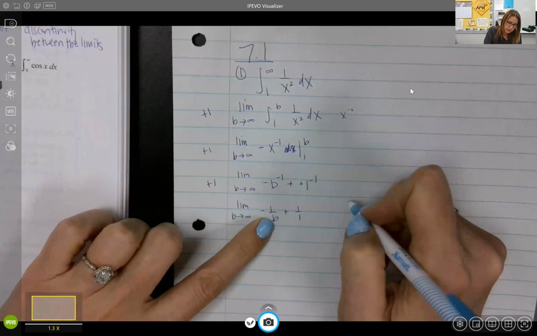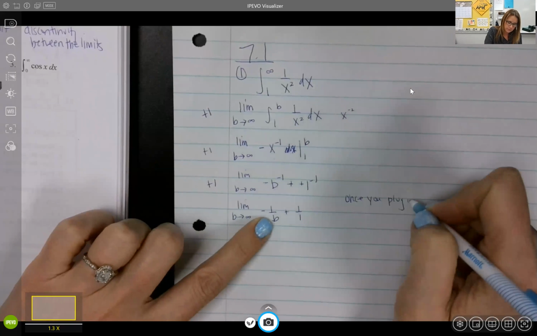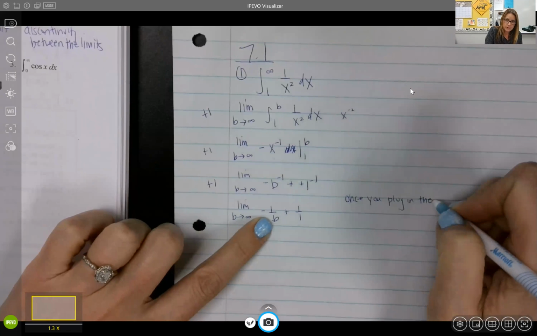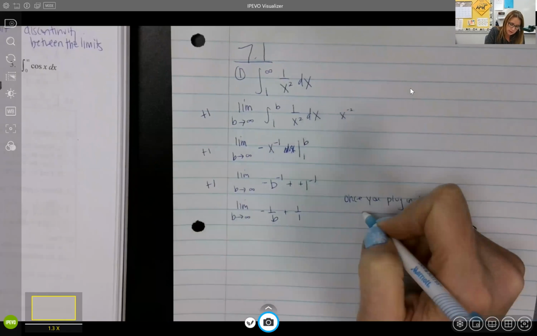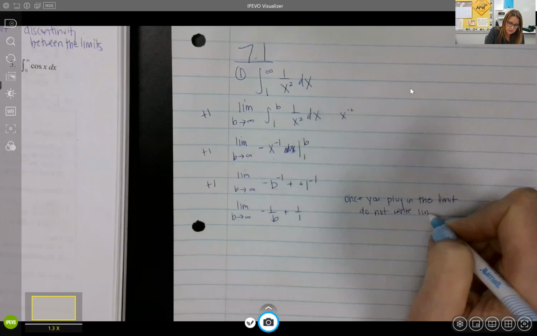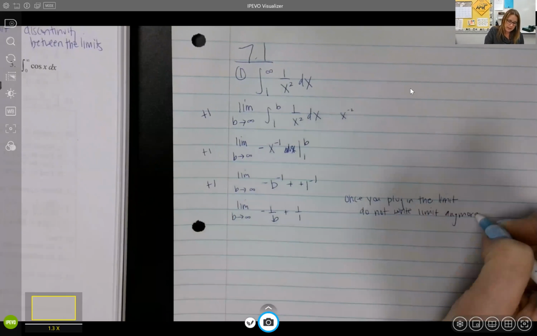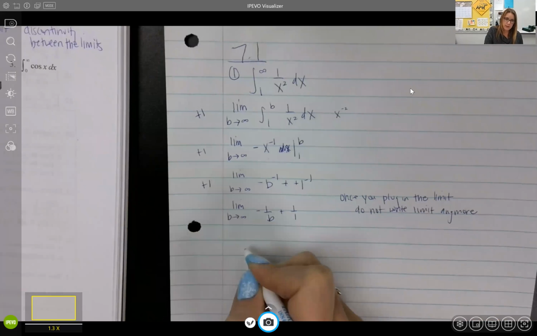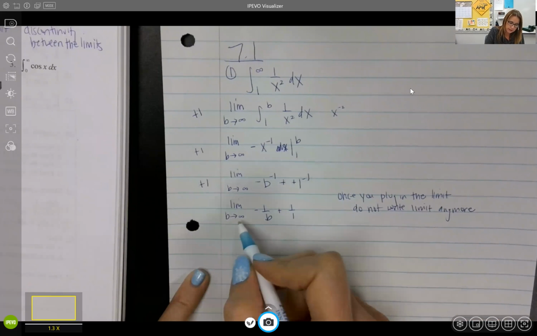So once you evaluate the limit, do not write limit. Okay, so my next step is not going to have a limit in it. My next step is going to be to plug the limit in.